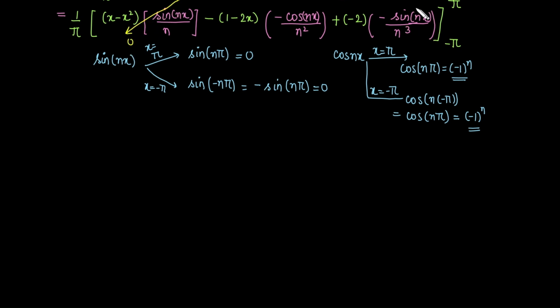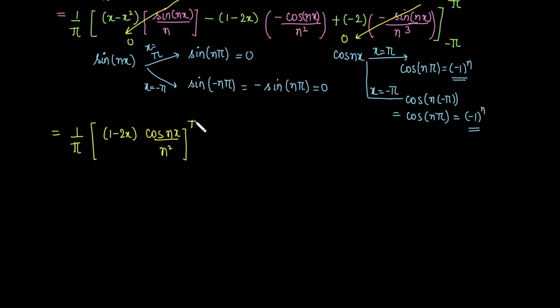Same for this, we have sin nx with the same angle. So again this is getting a 0 at upper limit as well as lower limit. Final expression we have 1 upon pi, that is as it is. Minus minus is positive. So 1 minus 2x, this is cos of nx divided by n square.